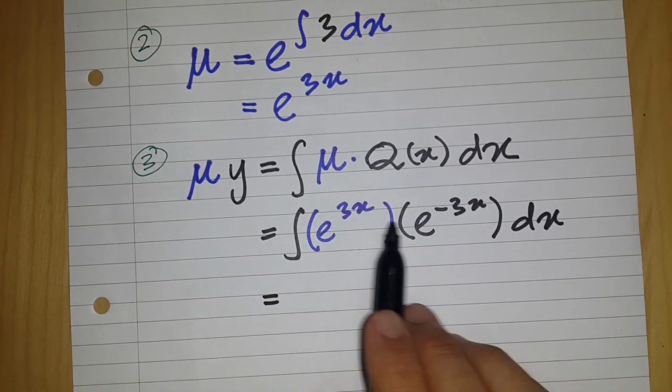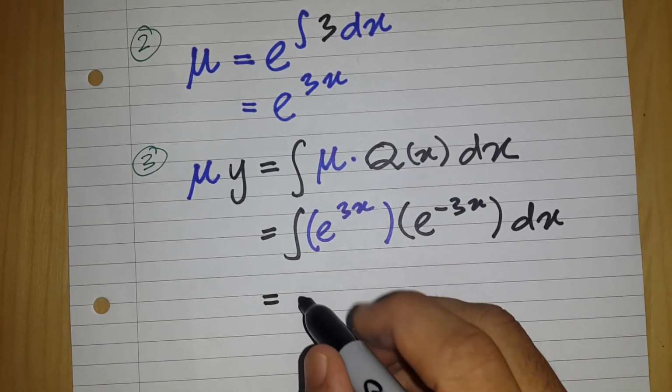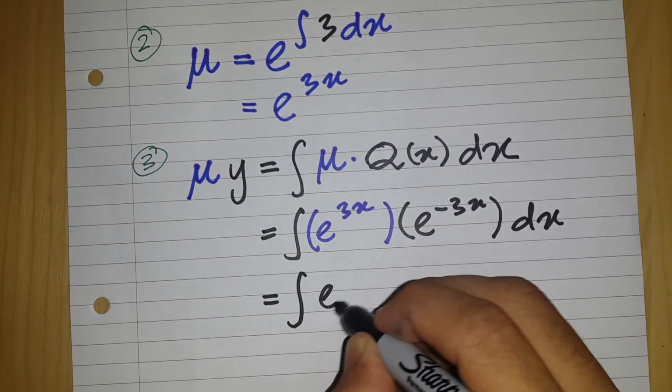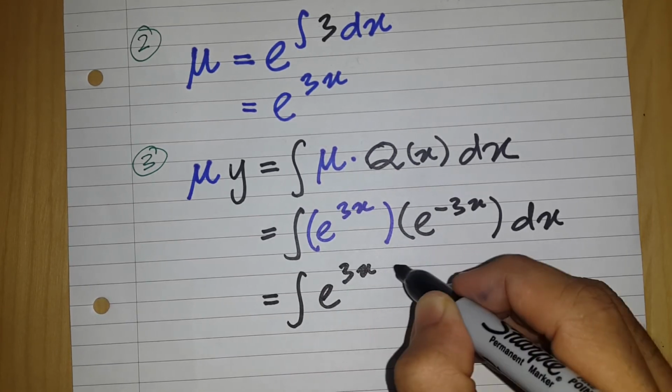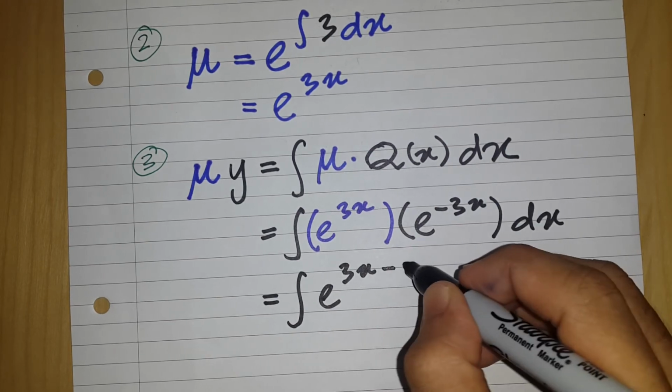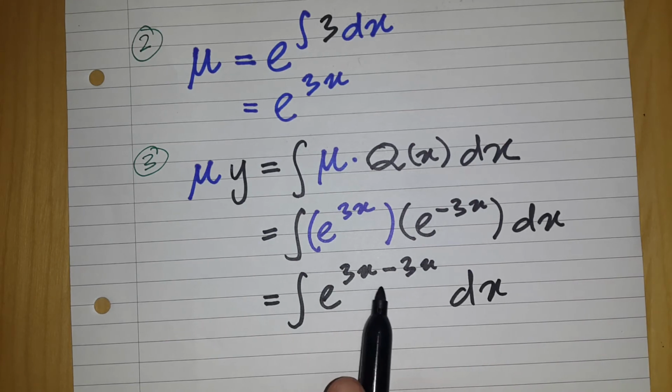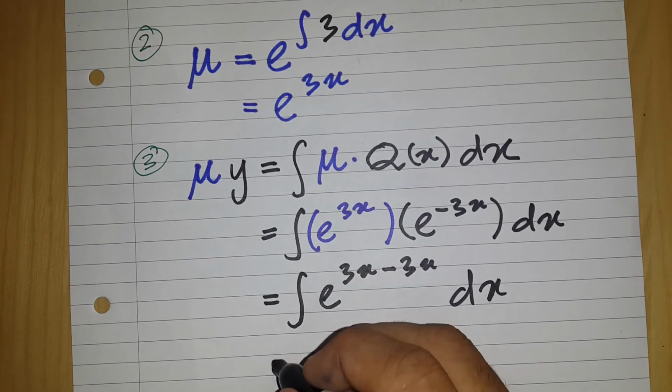So e to the 3x times e to the negative 3x, we can simplify. What do we get? e to the 3x minus 3x dx, which gives you 0. So e to the power of 0 is equal to 1.